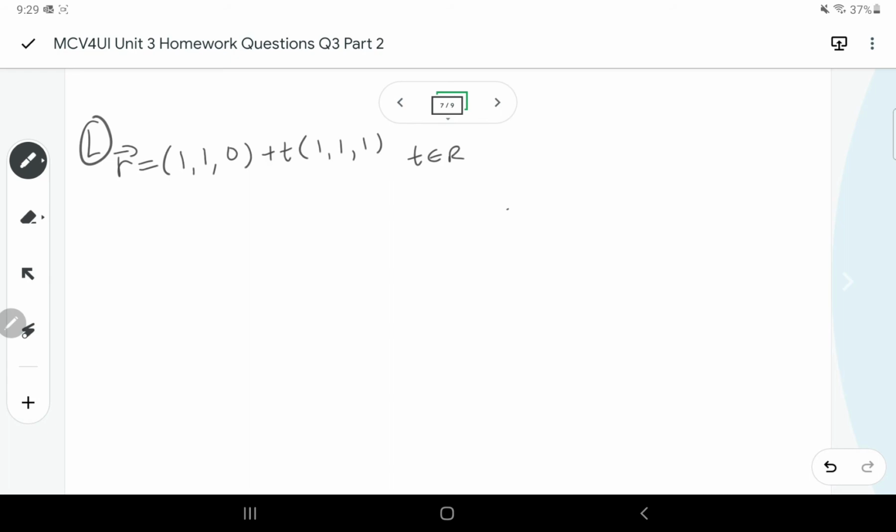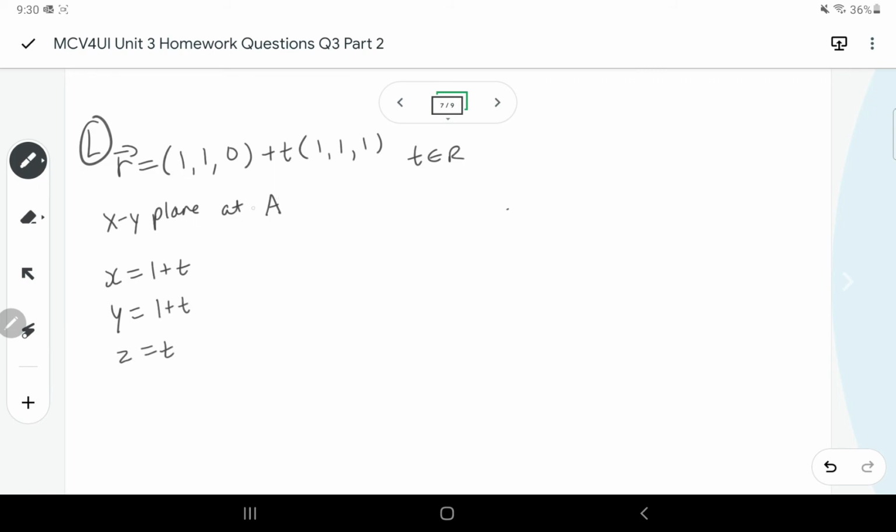So we want to know if this meets the xy plane at A. So we want to find point A. So the xy plane, we know our values here. x was 1 plus t, y was 1 plus t, and z was just t.